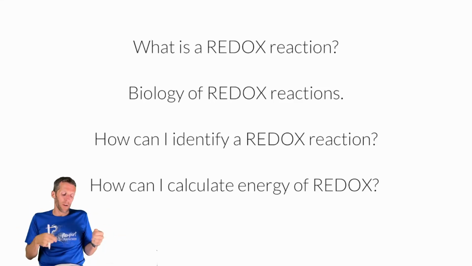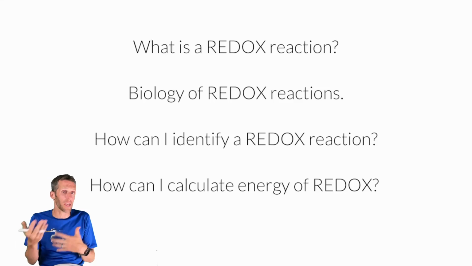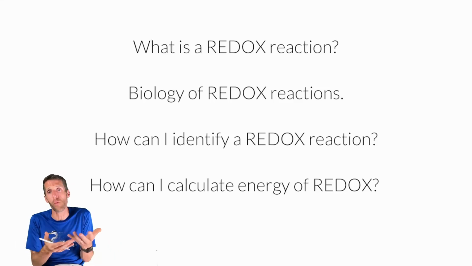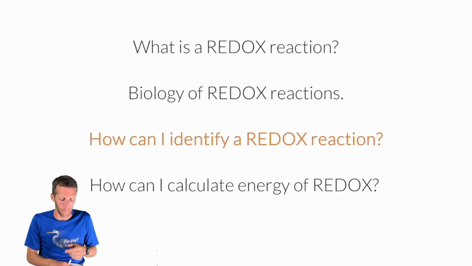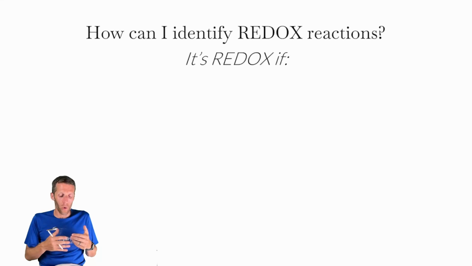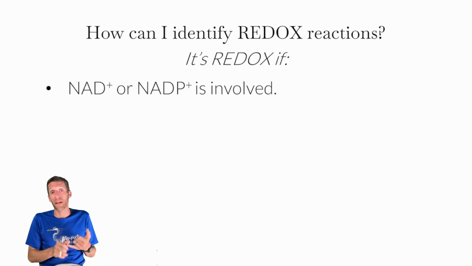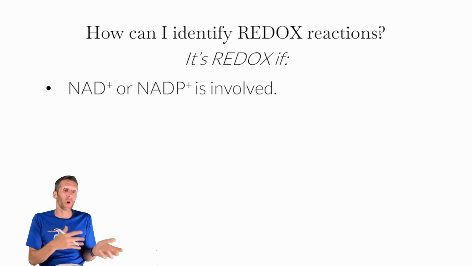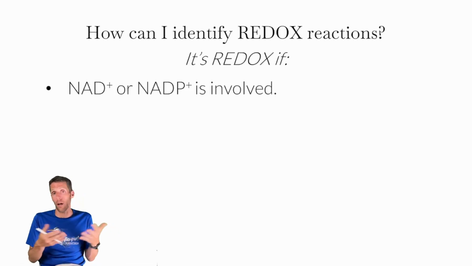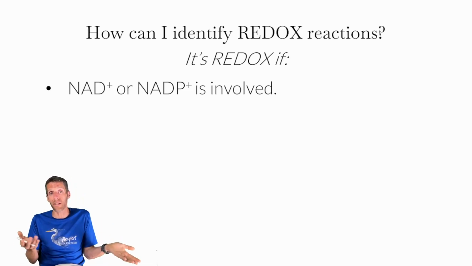The last question I want to ask here is, when we're doing metabolism, when we're thinking about biochemistry, how do we identify that we have to worry about redox chemistry here? There are a couple of rules that you can use. A reaction is redox if it involves NAD plus or NADP plus. If these molecules are part of the reaction, that's a redox reaction by default. It has to be, because that's what they're doing.